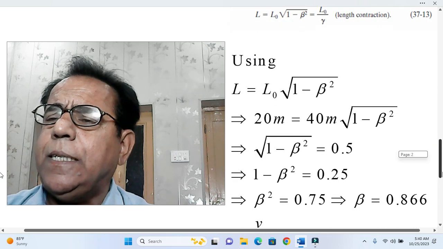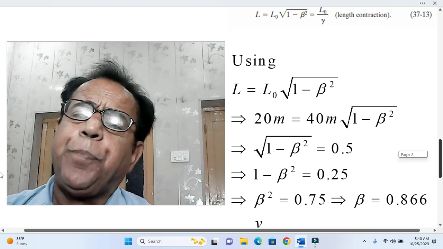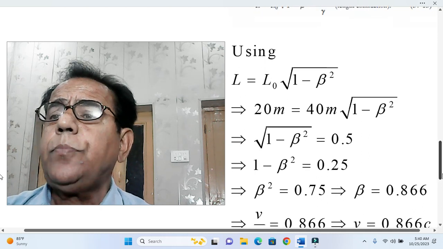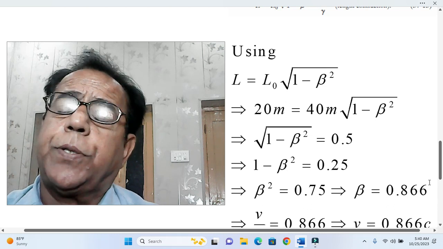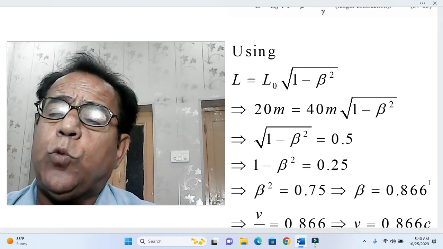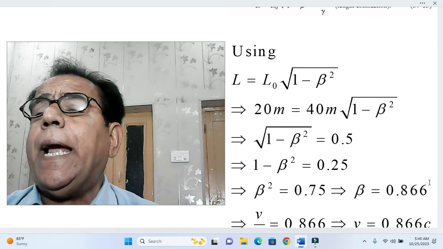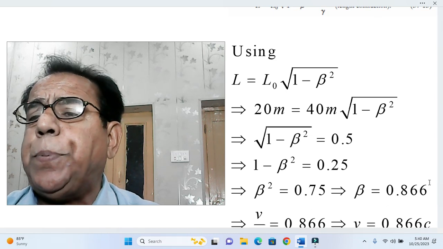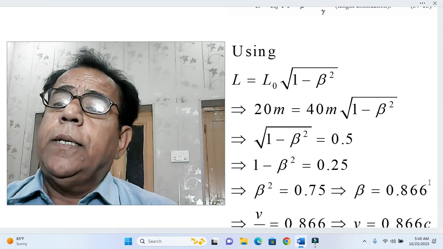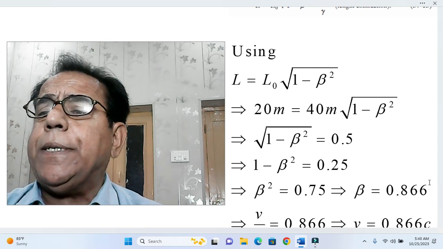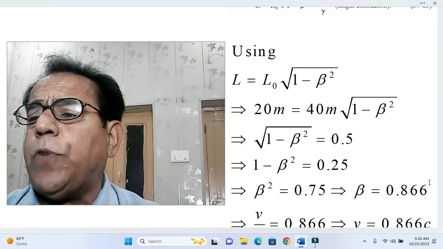Using L equal to L naught under root 1 minus beta square, where beta is equal to v over c and is called speed parameter, this implies that 20 meter is equal to 40 meter into under root 1 minus beta square.